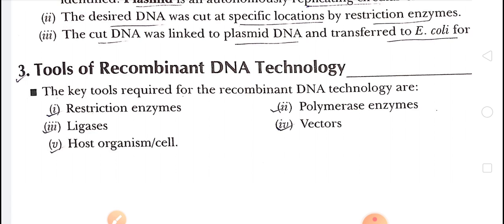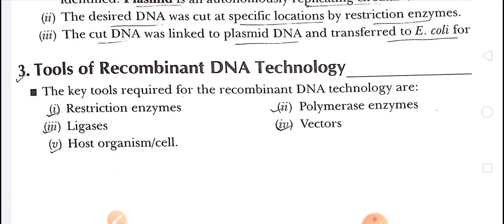Next, that is ligase. Ligase joins the sticky ends and forms the recombinant DNA. Okay, clear? DNA ligase, whenever you hear the term ligase, that means joining the DNA fragments.